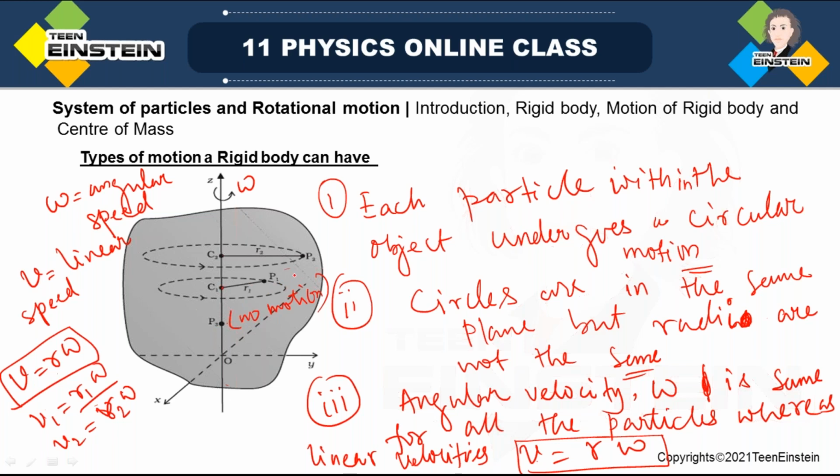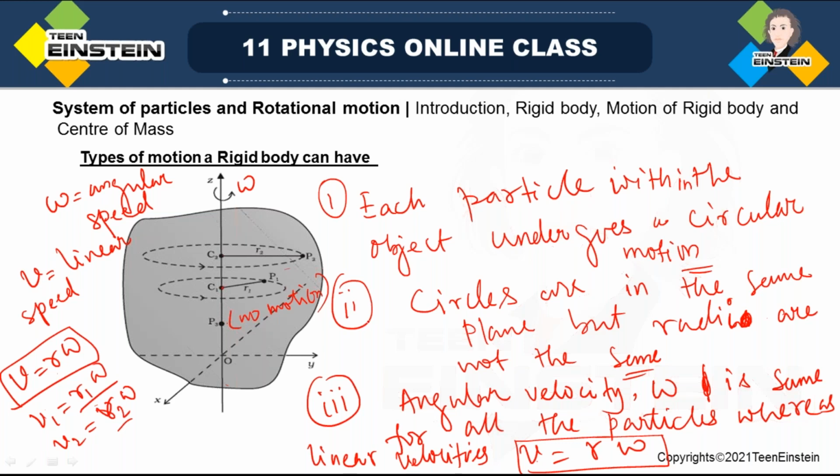Linear speed is different for different particles, whereas angular speed is the same for all of the particles. Linear speed depends on how far the particle is from the axis of rotation. And the points which are on the axis of rotation are not in motion.